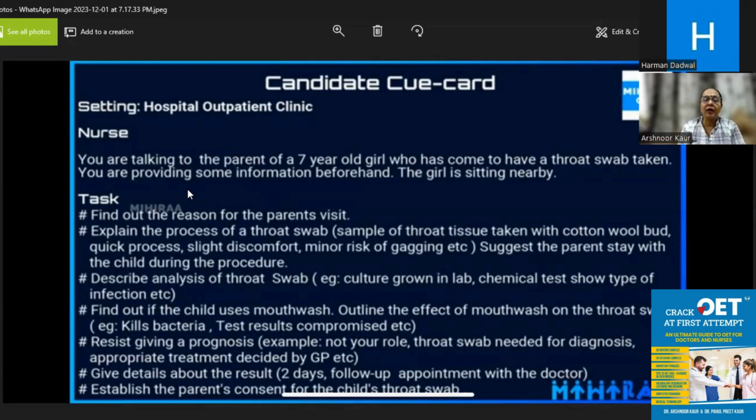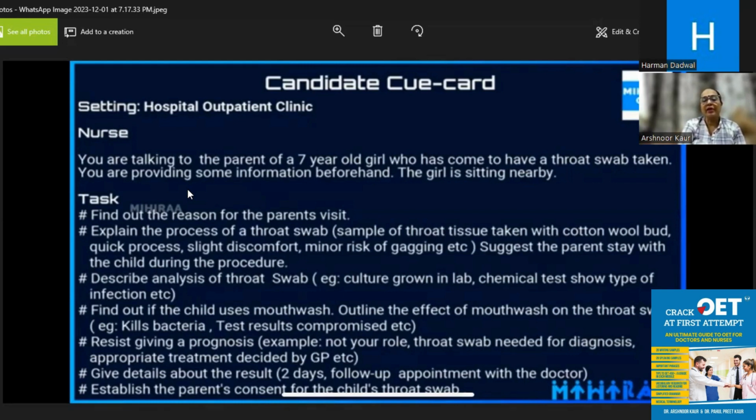So we are not able to detect the infection properly. You may tell that yes, it was I guess 2 hours ago, and after that she hasn't done any mouthwash, or you may say that she hasn't done any brushing.